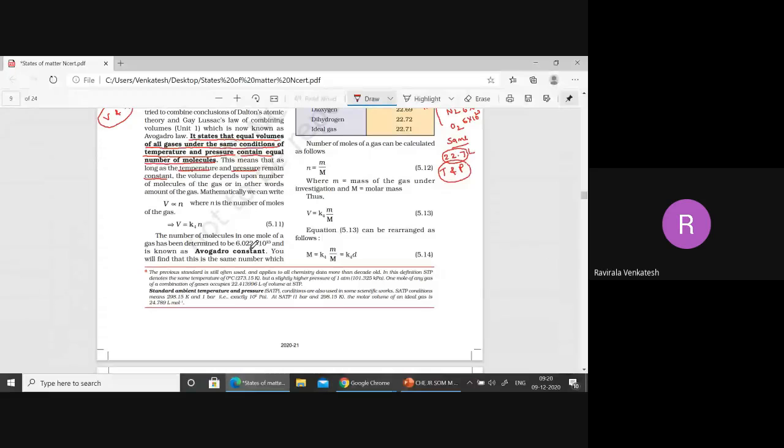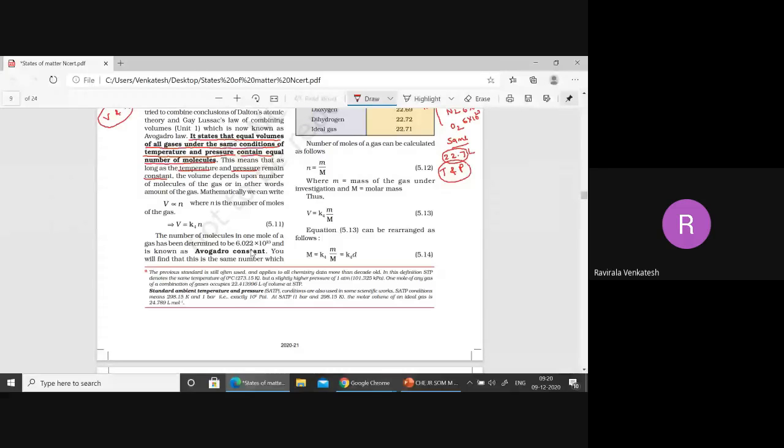If I take 3 into 10 to the power of 23 instead of 6, the number of moles decreases. So the number of molecules and moles are directly proportional. When you increase the number of molecules, moles increase; when you decrease the number of molecules, moles decrease.